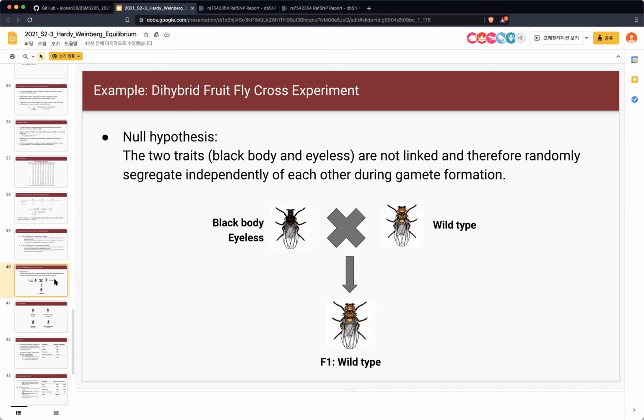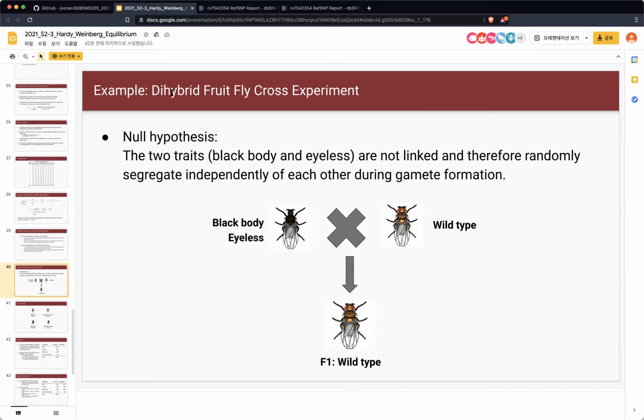So the Hardy-Weinberg experiment is also used in Thomas Morgan's linkage experiment. This is the well-known example of why Mendel's second law has exceptions, because now we know that there is a phenomenon called genetic linkage, right?